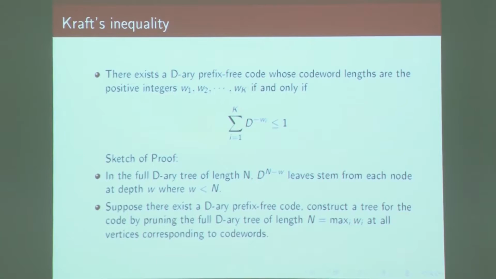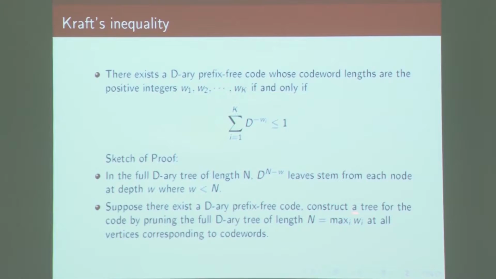Now, as I said, we are first going to prove that there exists a DRE prefix free code whose code word length is this, and we are going to show that if that is true, then this condition is satisfied. So, suppose there exists a DRE prefix free code. Now, let us construct a tree and map this DRE prefix free code to that particular DRE tree, the way we just mentioned.